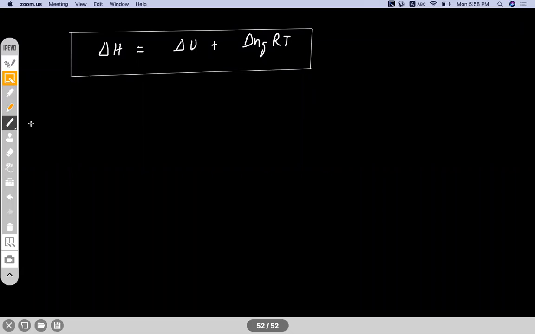This is the formula we have. We can use this formula for chemical reaction. Delta ng we will calculate only for gases.